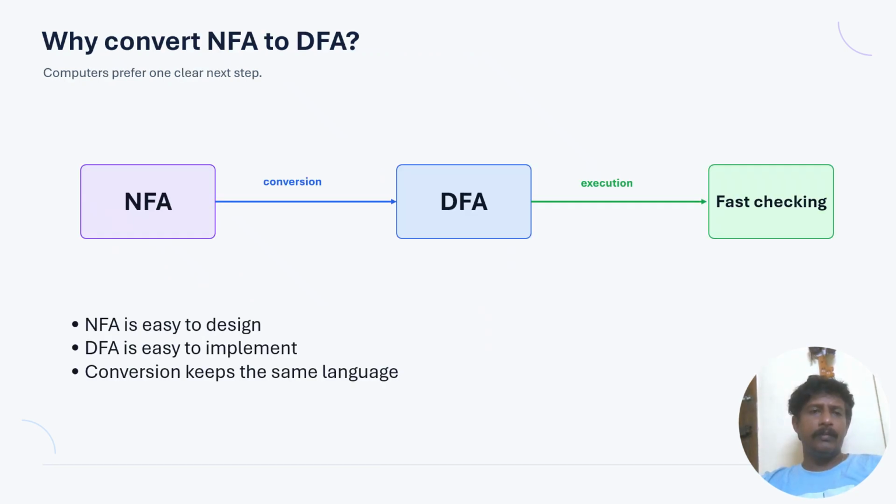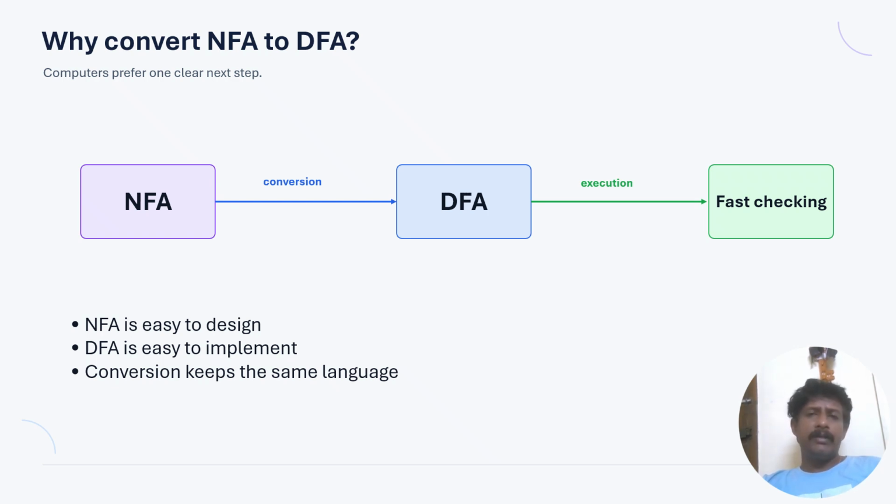Now one question may come. If an NFA is acceptable, why do we convert it into a DFA? The reason is practical. An NFA is often easier to design because we can give choices. But when a computer runs a machine, it is easier if there is only one next step.